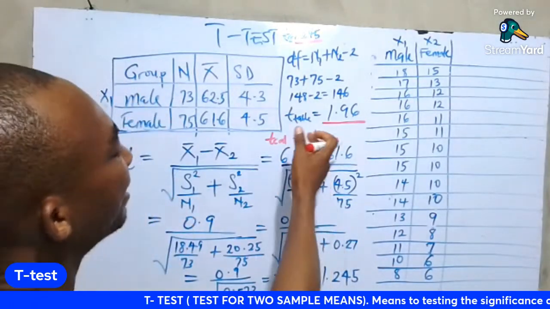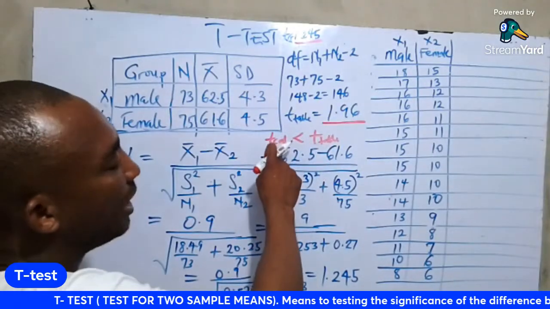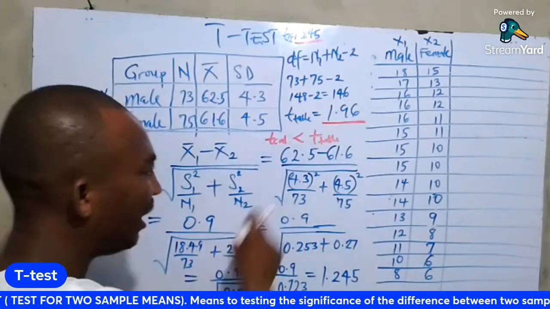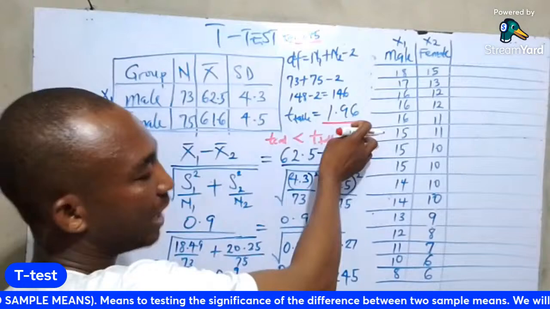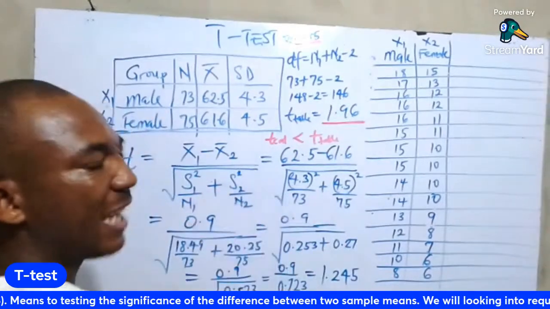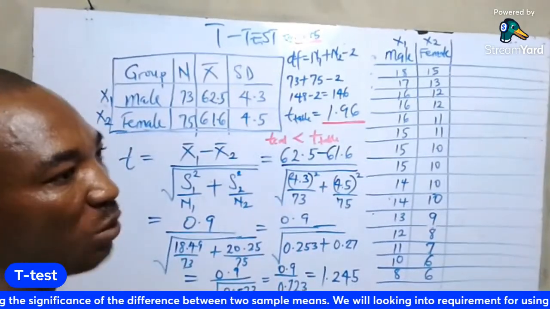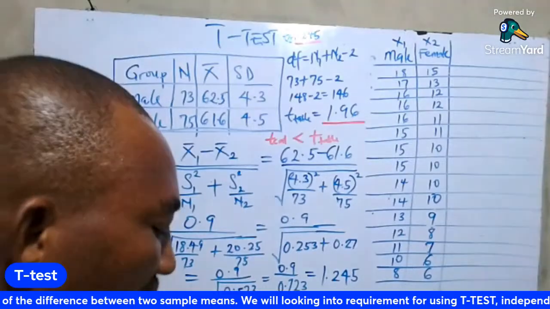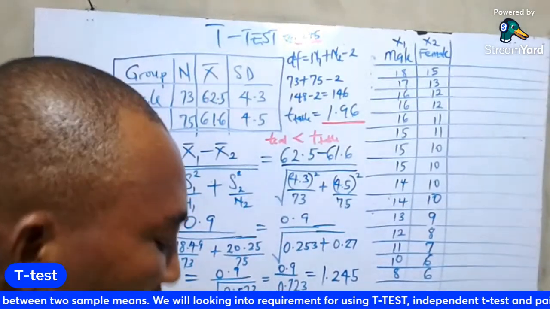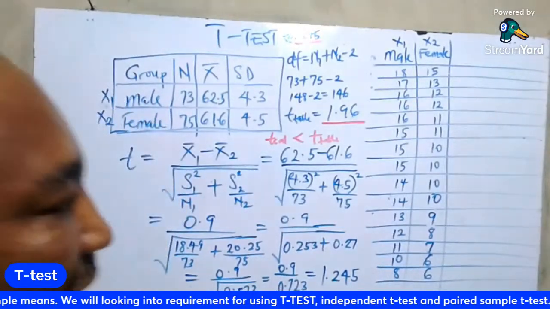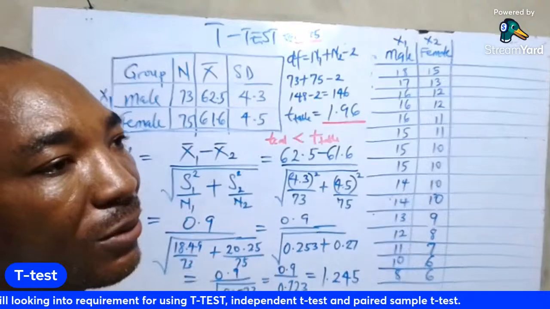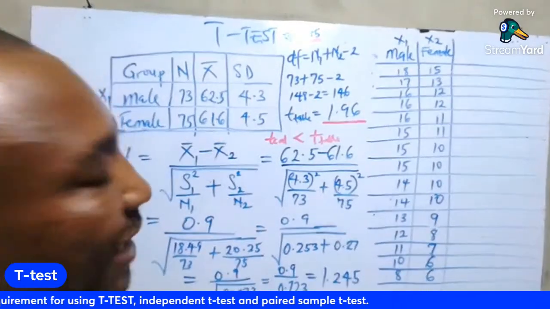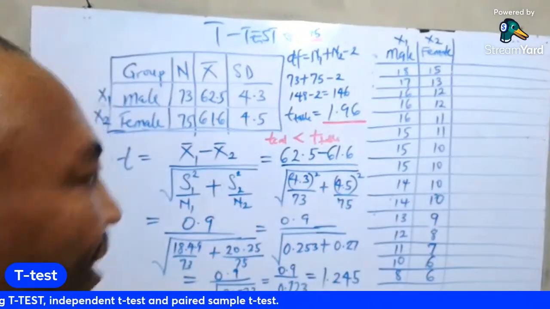So since what you calculated is lesser than what you check on the table, then you accept the null hypothesis, which says there is no significant difference in the performance of the male and the female. You have just run that test. So that is that.